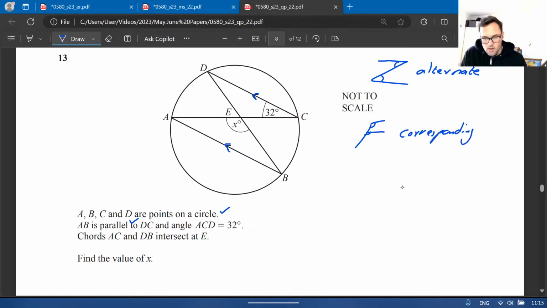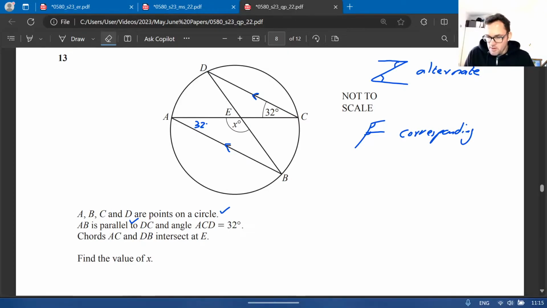Looking at that, I immediately see there's a Z, meaning this angle here is 32 degrees.